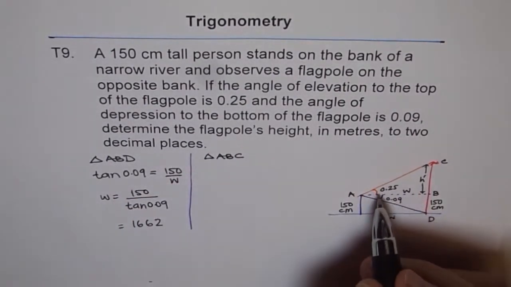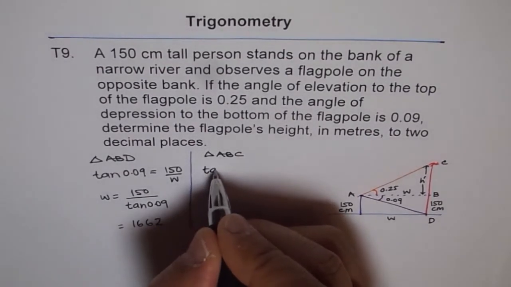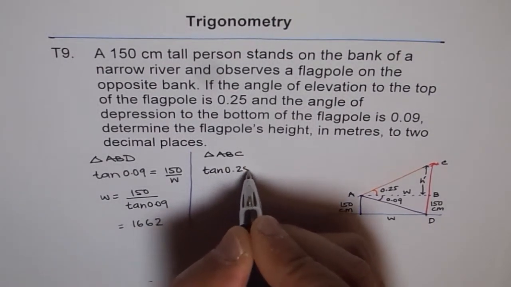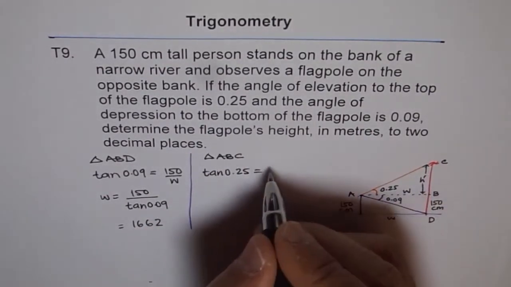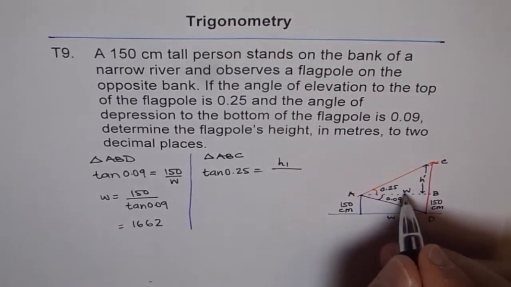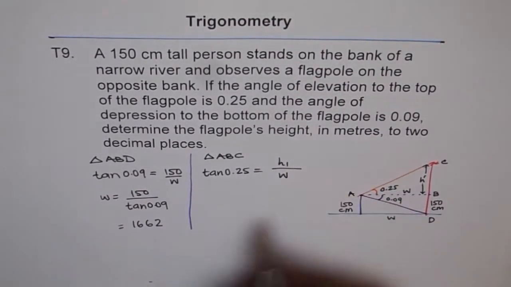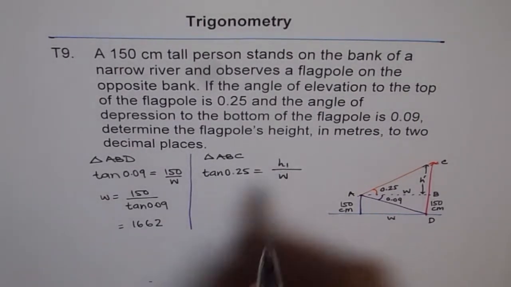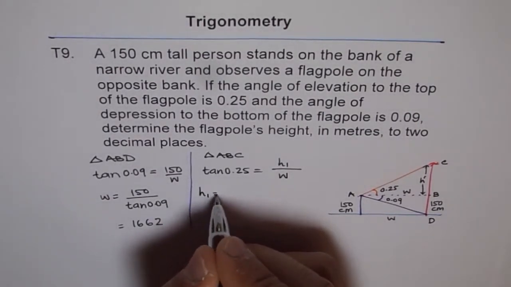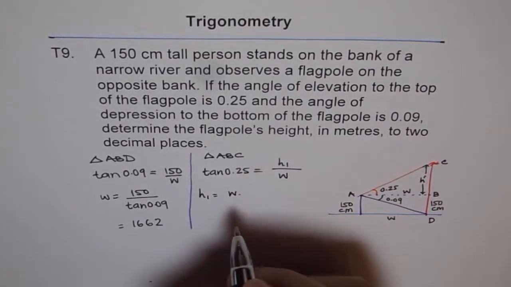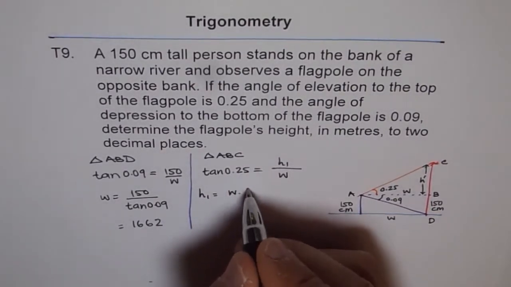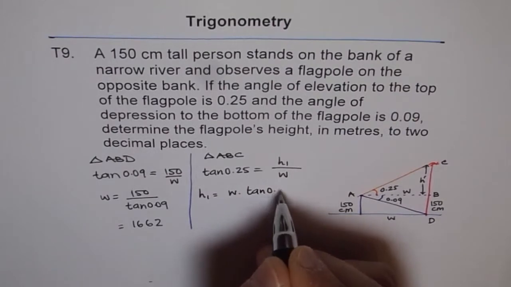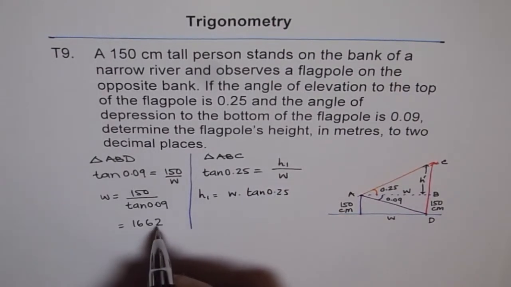Now here tan of 0.25 is equal to h1 over width W. Now the width is 1662, so we'll use that now and find the height. So h1 is equal to W times tan of 0.25, where W is 1662.